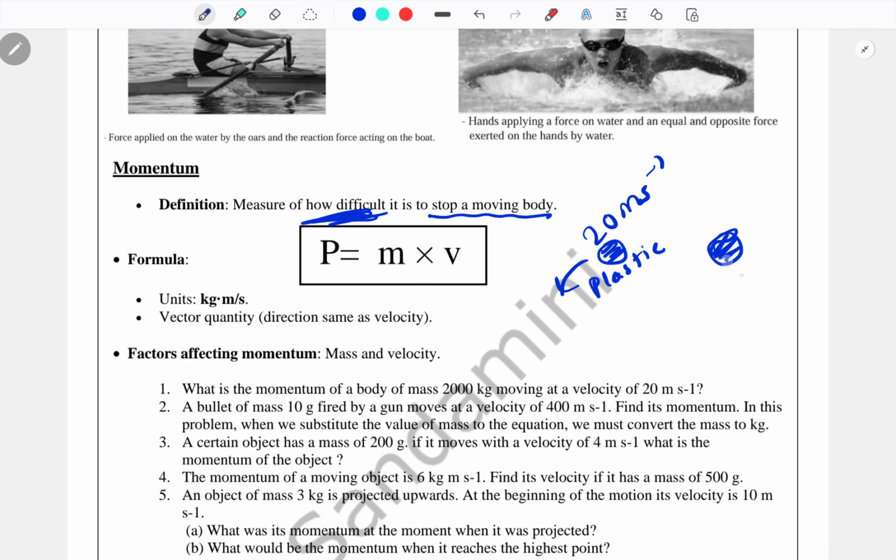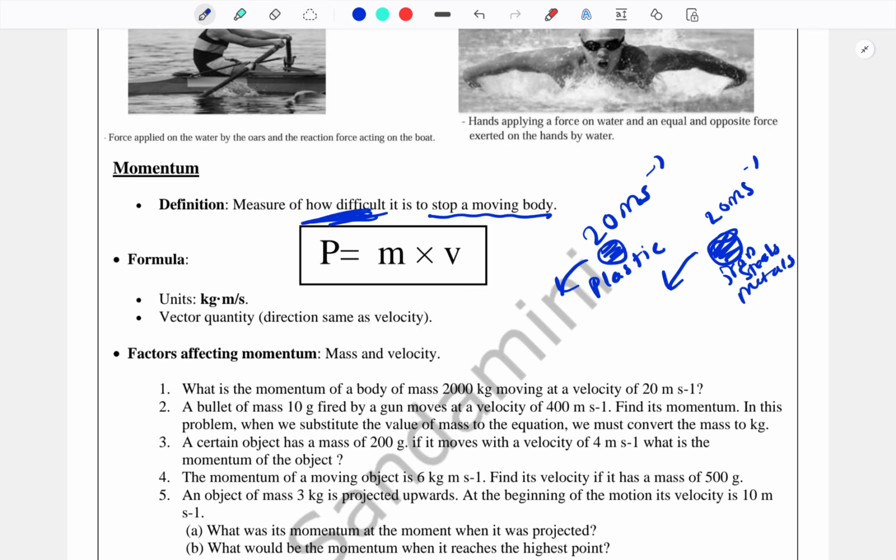So there is an iron ball. Iron, steel, or very heavy metals are used to make that ball, right? It's also 20 meters per second, and it's coming towards you. What is more difficult to stop? Now think, what is more difficult to stop?